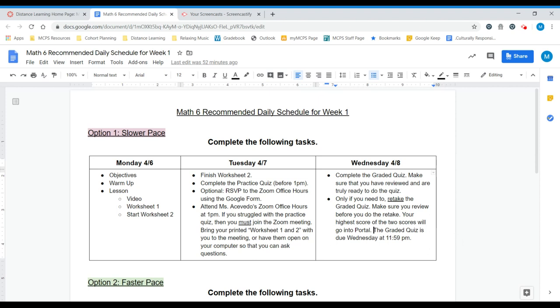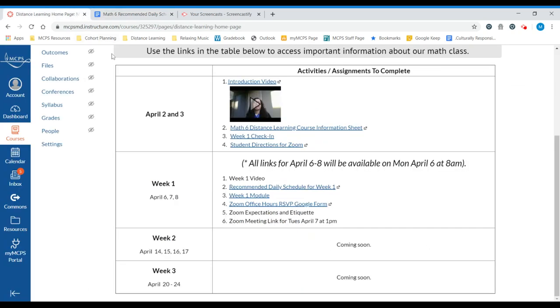All right, I'm going to talk about some of the other assignments from this week that I haven't mentioned yet by showing you what they look like. Once you are finished looking at the recommended daily schedule for week 1, you're going to click on the week 1 module.